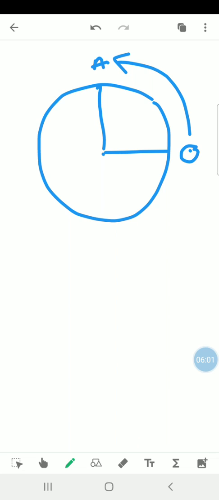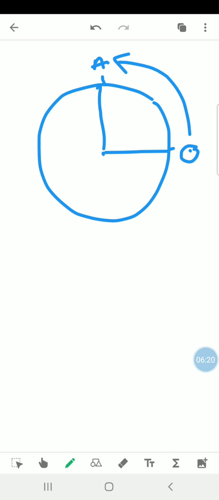We can talk about a length from here to here, but that doesn't give us an idea of how far from the center, etc.